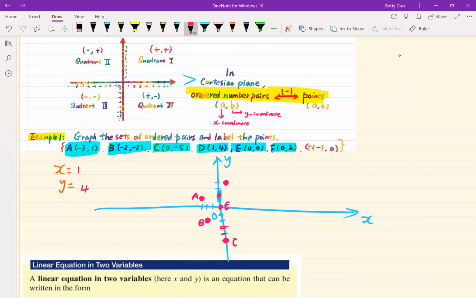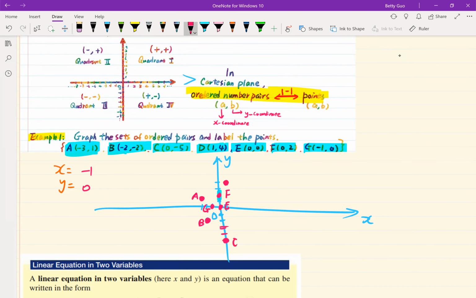Two units above the origin, that is F. G is -1, 0. This point has x-coordinate -1, y-coordinate 0. So the point is supposed to be on the x-axis. The x-coordinate is -1, so it's 1 unit to the left. That is G. Okay? So do you think you can do that?